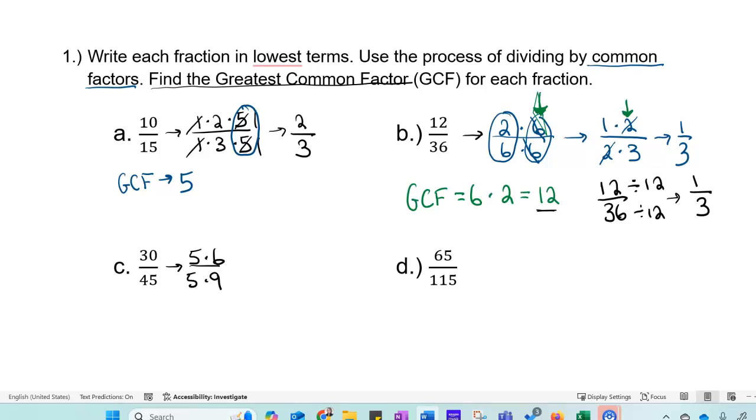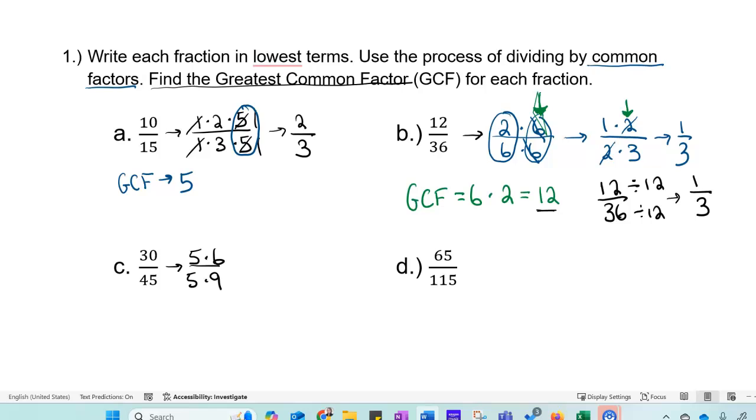I'm going with the factor pairs that come to mind first, and I happen to be more familiar with 5 times 6 and 5 times 9. If I didn't have any visible common factors, I would just break things down more. I'll make sure to show that to you later in the video.